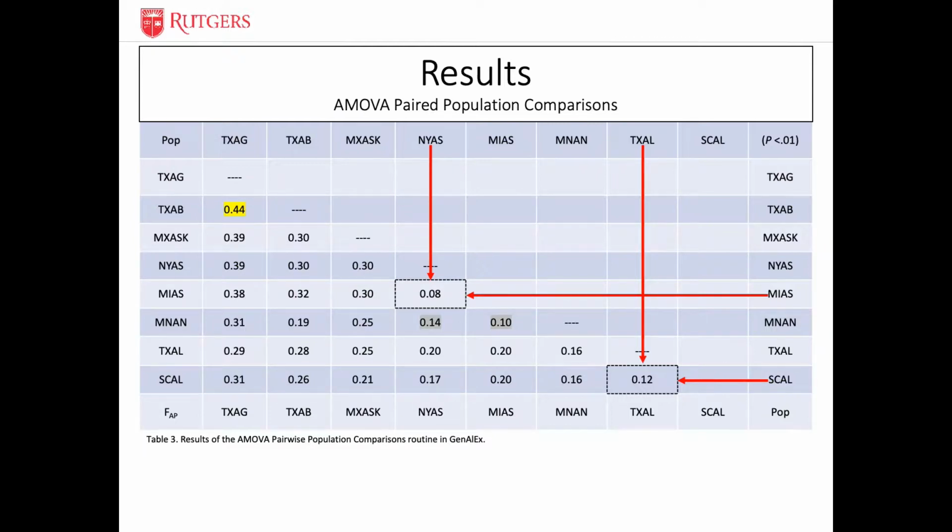Our population of Acer nigrum is highlighted in gray to note that divergence values associated with the Acer saccharum populations are also low. The greatest divergence was estimated between Texas barbatum and Texas grandidentatum and is highlighted in yellow.